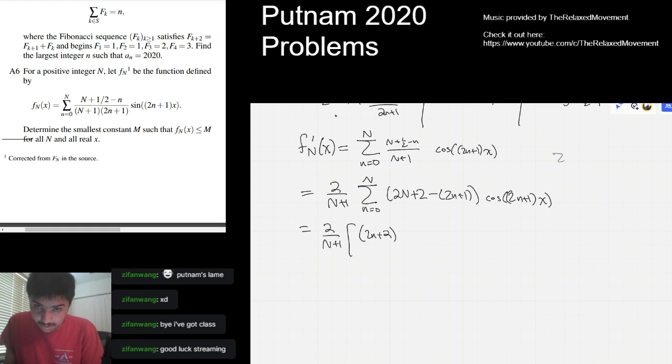if we let z equals e to the ix, then we just take the real part. We're just implicitly taking the real part.